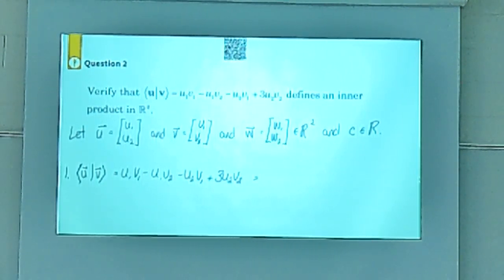But u1 and v1, aren't they just real numbers? If you take the product of real numbers, it's commutative, right? If you take the product of real numbers, it's still a real number, right? And addition in real numbers is commutative.